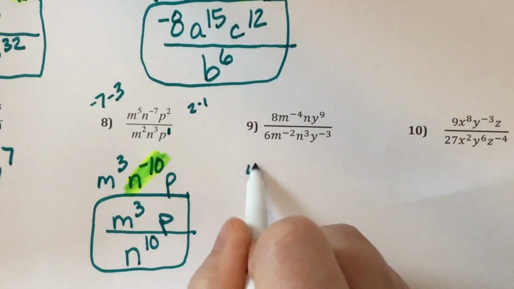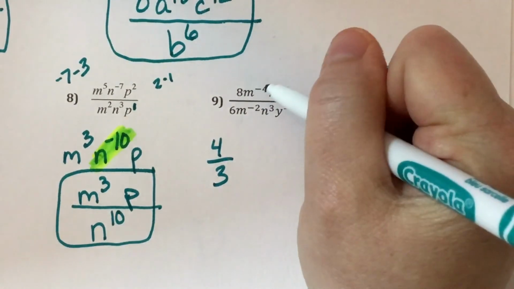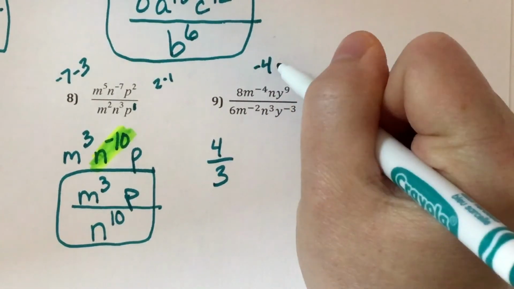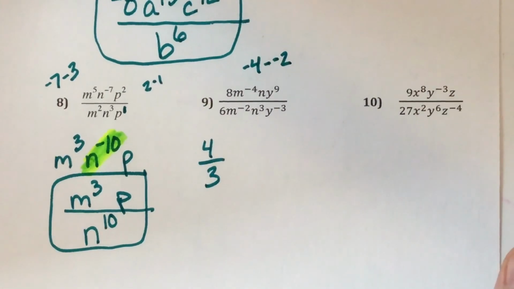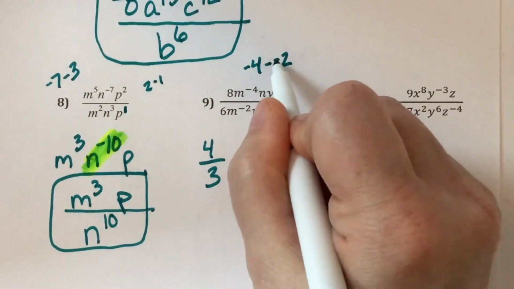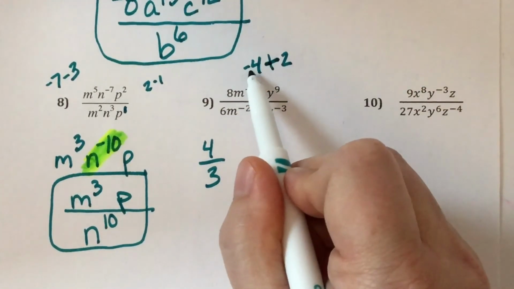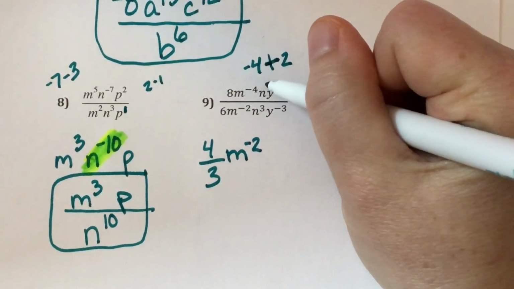Okay, and then what am I doing with exponents again? Subtracting. So -4 minus -2. Use your calculator if you have to. What is that? It's a -2 because a minus and negative makes a plus, and -4 plus 2 is -2. Okay, on the end, there's an exponent of a 1.